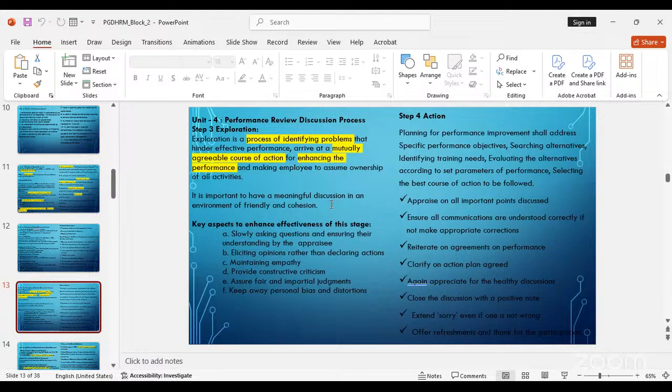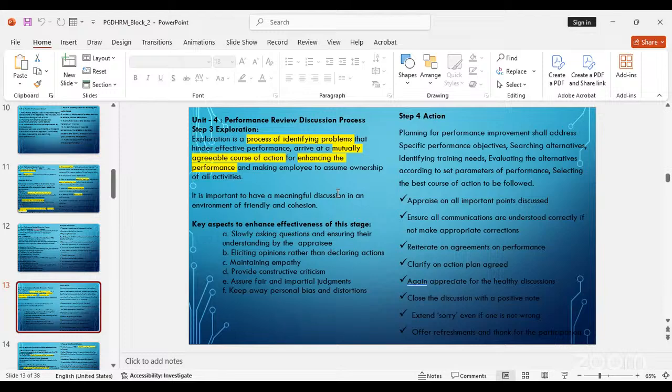Then the exploration stage. Here, actual problem identification takes place, and a mutually agreeable course of action to enhance performance will be discussed.